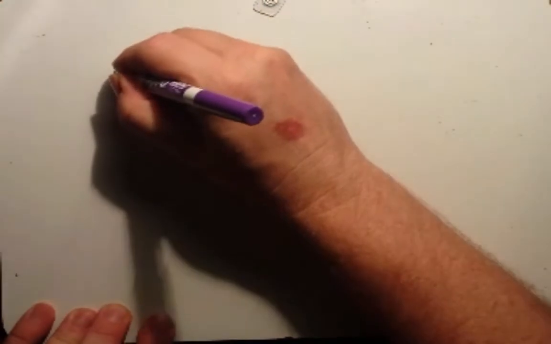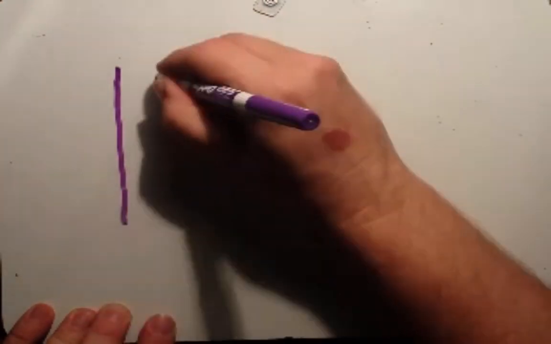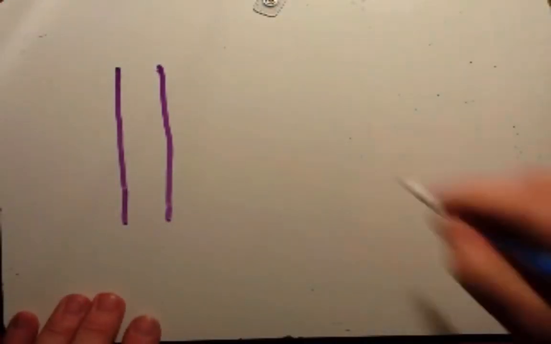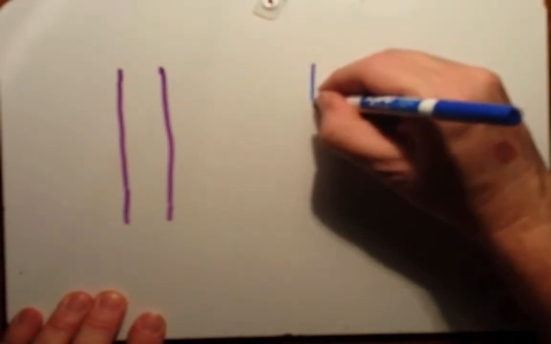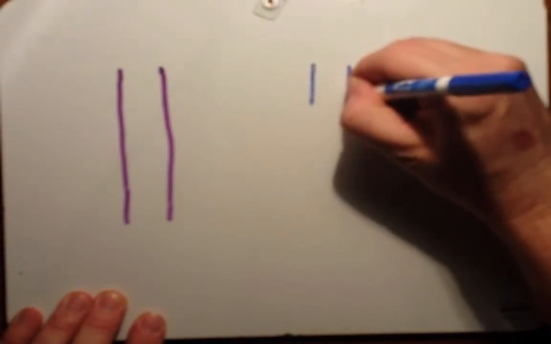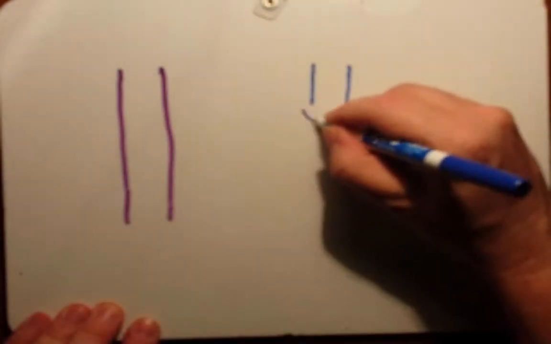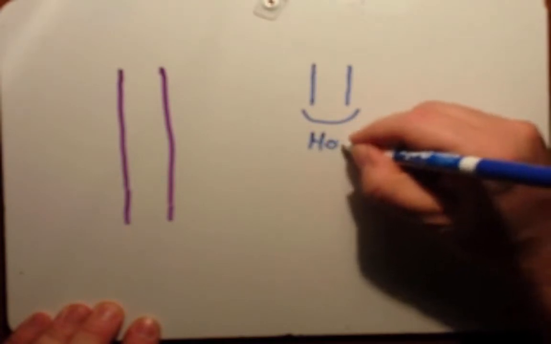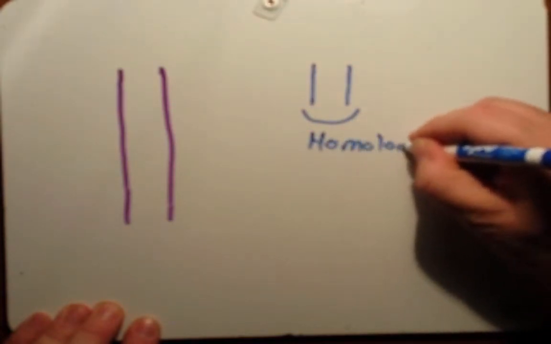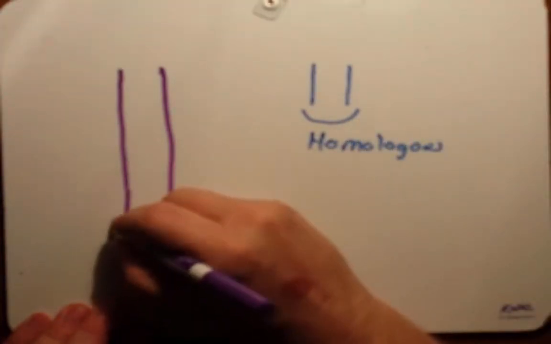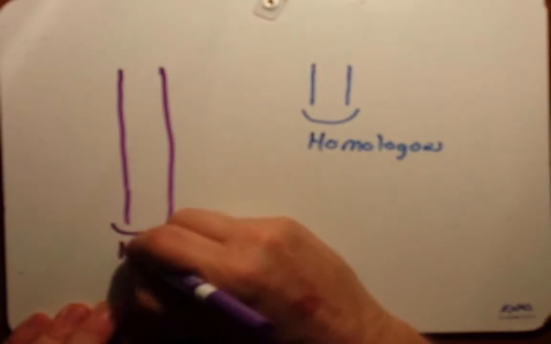When we look at chromosomes, let's just draw, say in humans, here's chromosome 1, and here's chromosome 22. I picked these two because they are noticeably different in size. We would call these two homologous chromosomes.